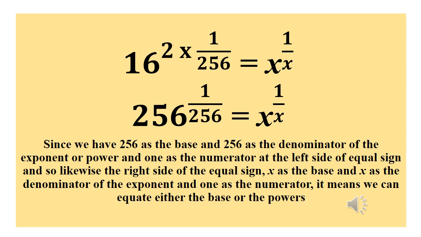So 16 raised to power 2 will give us 256. That will now give us 256 raised to power 1 over 256, which equals x raised to power 1 over x, which means we now have the same equivalent value. We have equivalent values on both sides of the equal sign, which means we can equate either the base or the exponents.